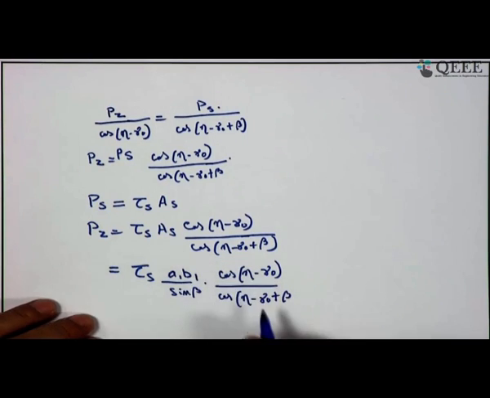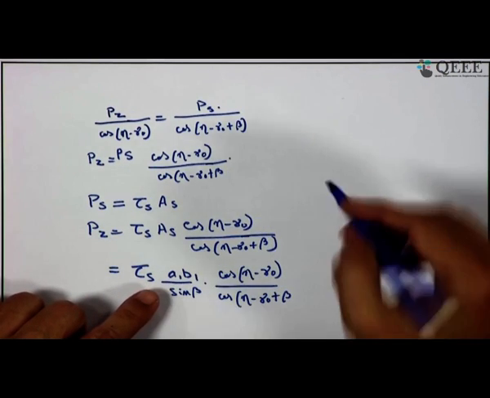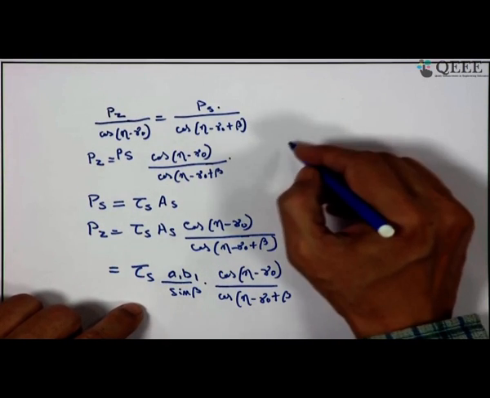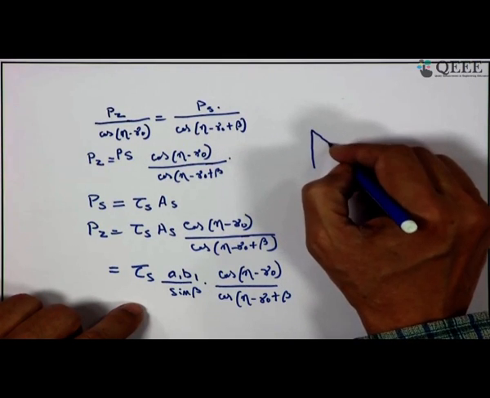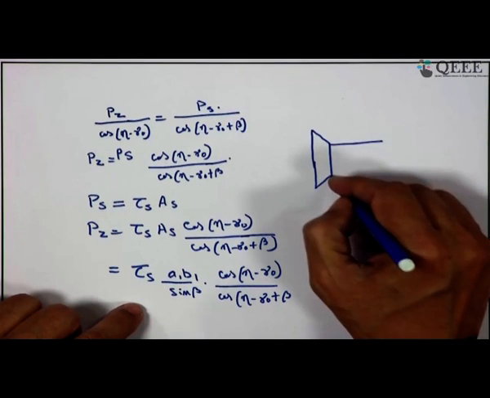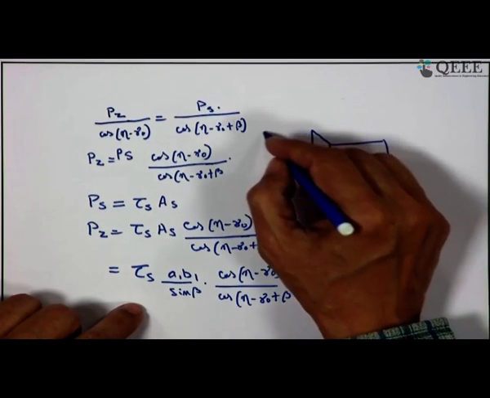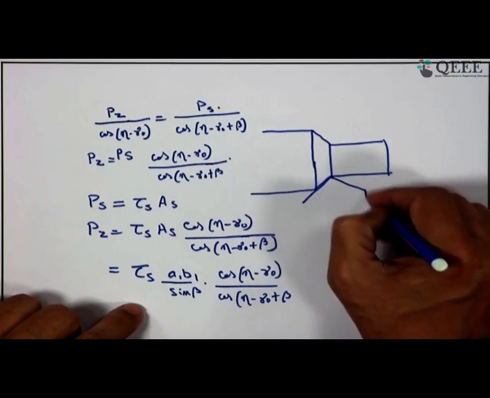And friend, this is A1 B1, and you see in case of turning, I just try to illustrate this point. So, in this case it is the turning process which is taking place here, and this one is the cutting tool.